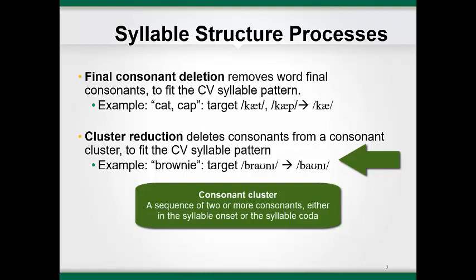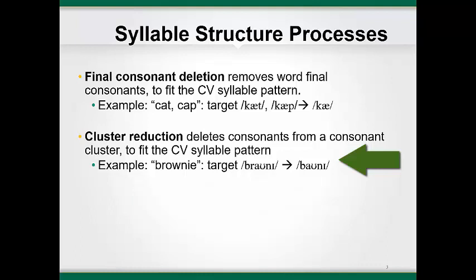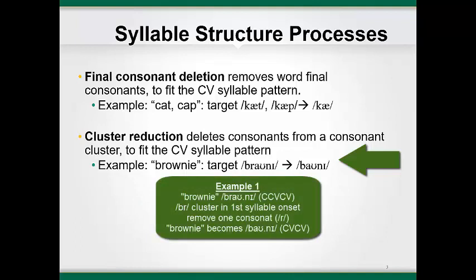So in cluster reduction, one or more consonants is deleted from the consonant cluster to make the syllable better fit the CV pattern. For example, if you apply the process of cluster reduction to the word brownie, you would delete one phoneme, most likely the R because it's a more difficult sound, from the onset of the first syllable, and the word would be pronounced bounty. Notice how the word now fits the CV syllable pattern.